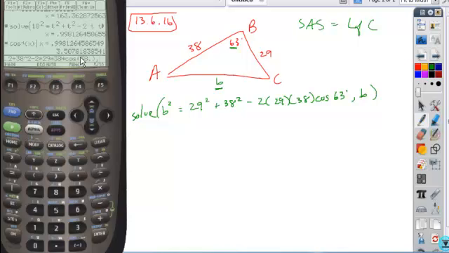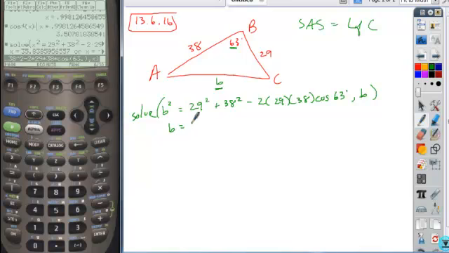All right, so I'm going to plug in my cosine of 63 and then solve for x. I put a decimal here, so my answer will be displayed as a decimal. I get side B to equal 35.84 approximately.